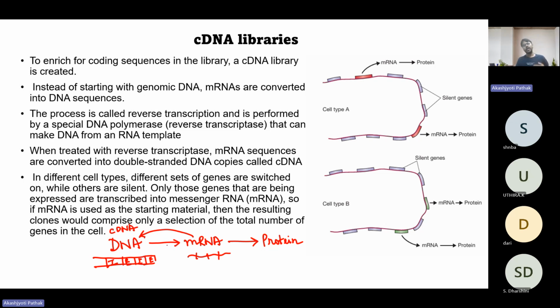Okay, so what is complementary DNA? When we are synthesizing the DNA from mRNA, that type of DNA is called the complementary DNA. The complementary DNA does not contain any intron sequences. It will only have the exon sequences. It will only have those regions of the gene that will code for a protein. Okay.